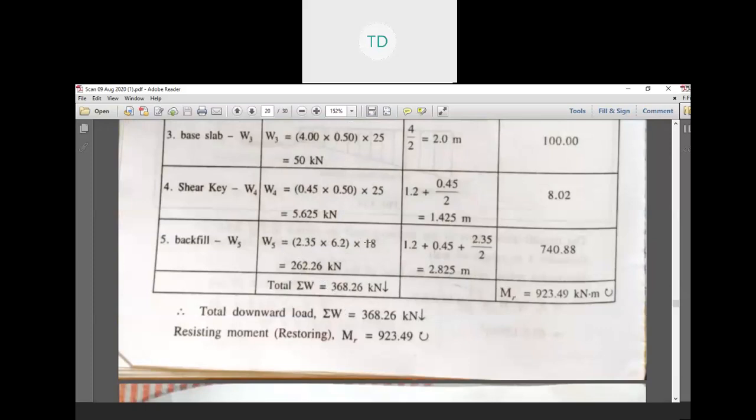In this case we take 80 in place of 25 because the unit weight of soil is given as 80, not concrete. We are filling soil, not concrete. That's why we take 80 rather than 25. Next, 1.2 plus 0.45 plus 2.35 divided by 2.